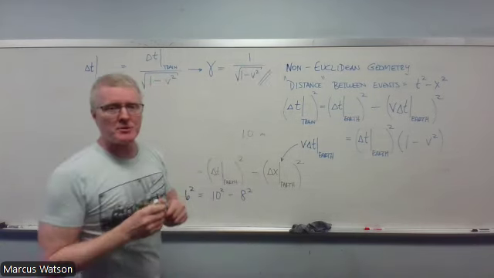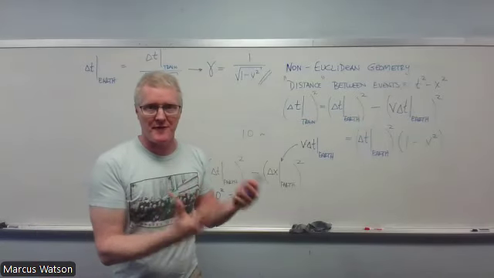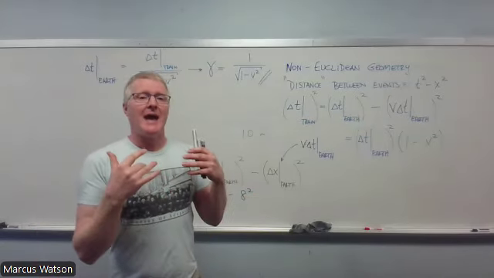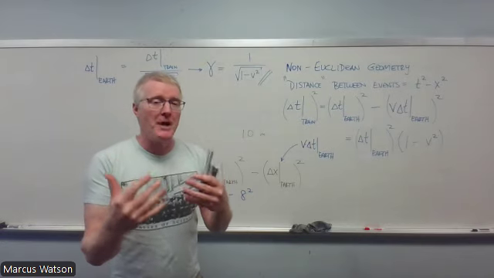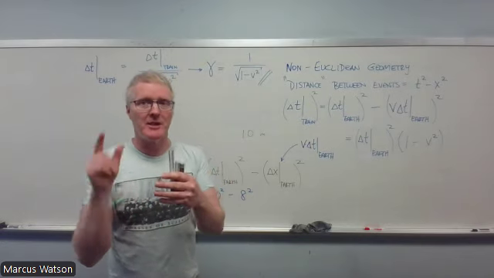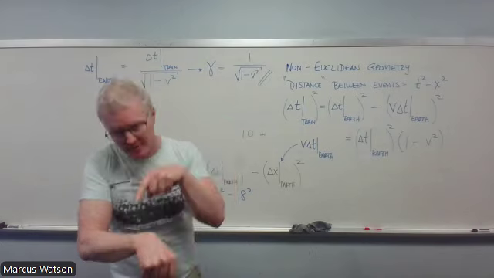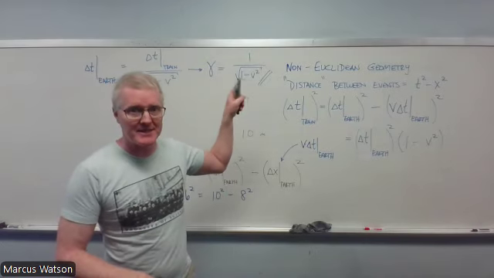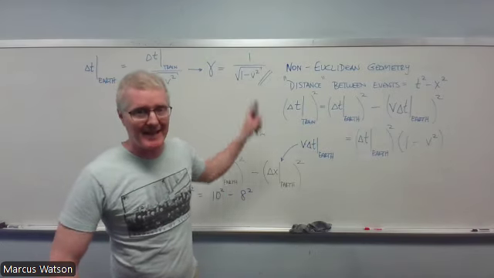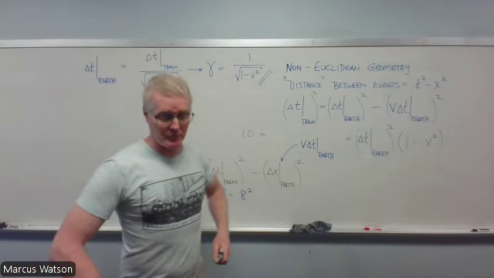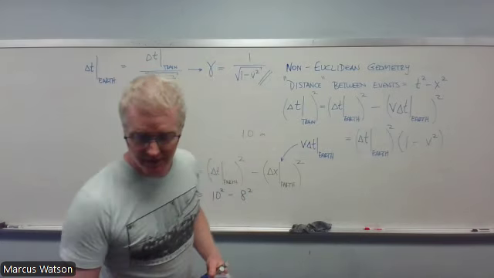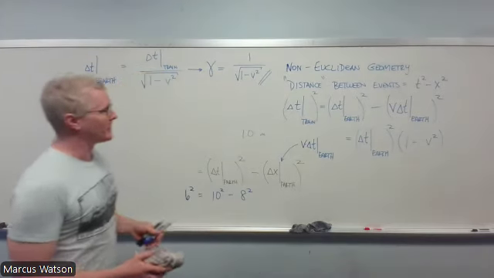We define gamma to be basically a time stretch factor. It's related to how much different the time is going to be on that clock versus the time that's on my clock. And it's given by this thing, which pops up again and again and again. And we'll see it's going to pop up real soon again, just as we get to lengths.